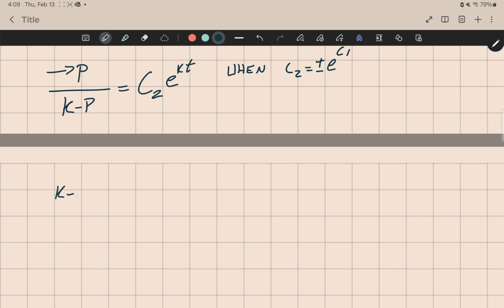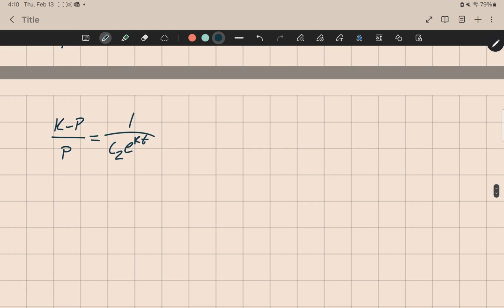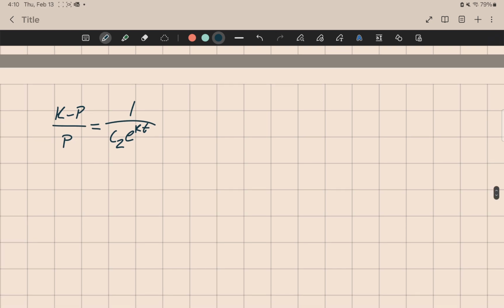So I'm going to end up with k minus p over p, and I'm going to set that equal to 1 over c2 e to the kt. And then what I can do here is I'm going to have another iteration of my constant.